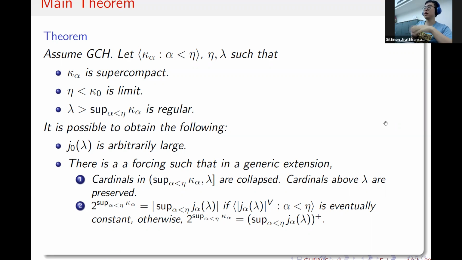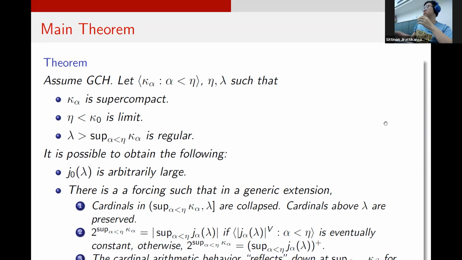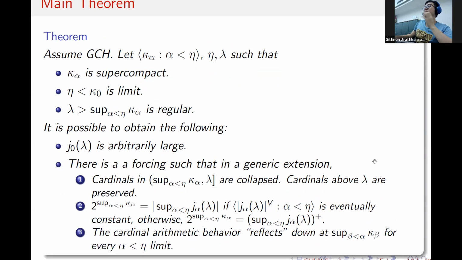But you can also collapse some cardinals between the singular cardinal and lambda, where kappa alpha is something like lambda supercompact. As in the Silver style, the cardinal arithmetic behavior is going to reflect down at the sup of kappa beta for beta less than alpha, for every alpha less than eta limit.